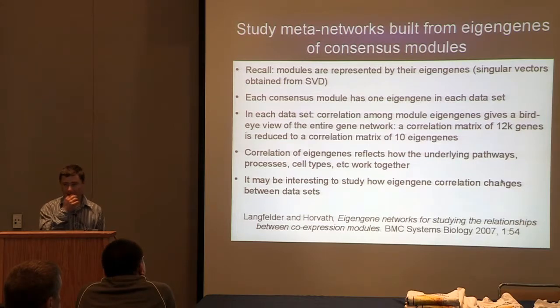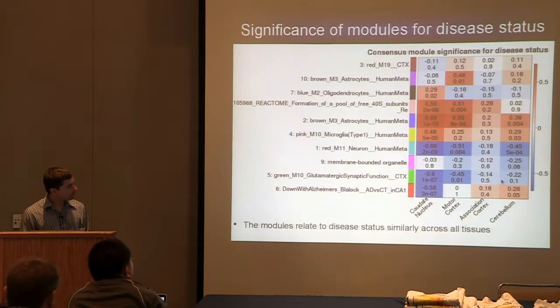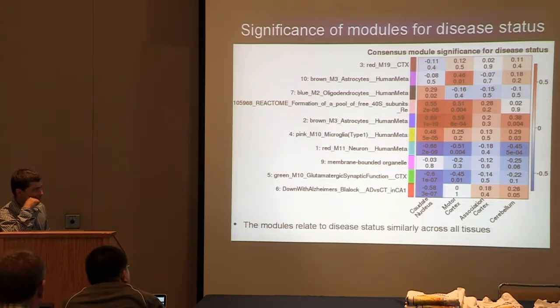Quick question. Yeah? So if you go back, it looks like from what you said it wasn't so much a problem here, but if it was the case that there was signal in 2 brain regions and much less or no signal in the other 2 brain regions, then would the consensus approach mask the signal that you're trying to find?